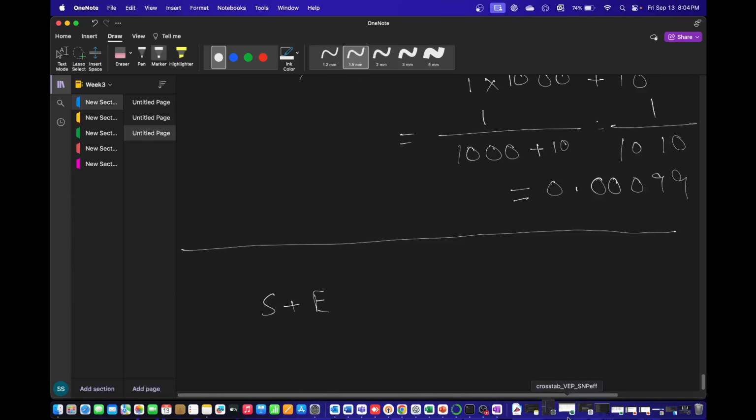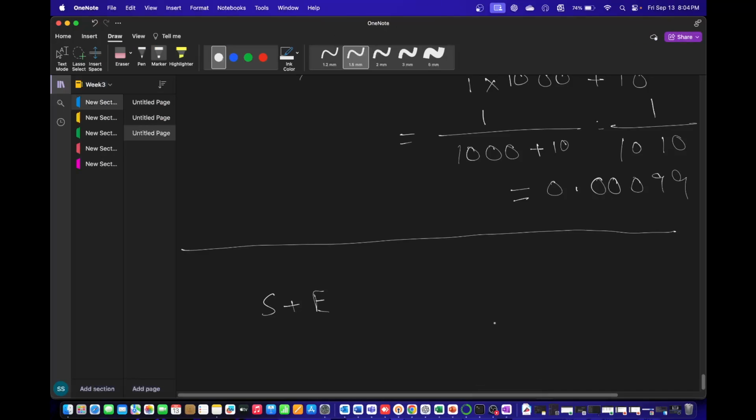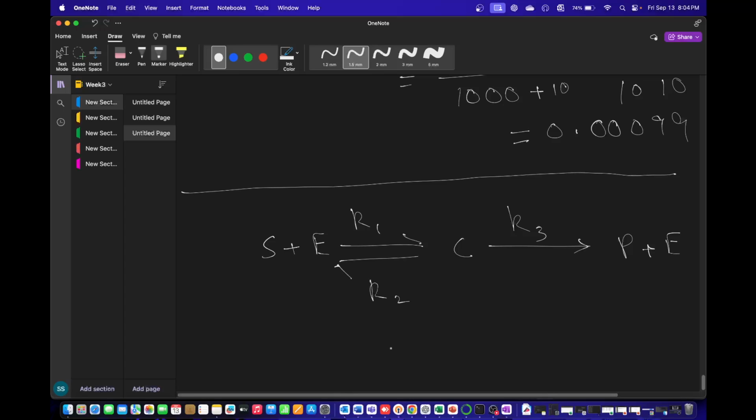So S plus E gives C, and then P and E. This is k1, k2, C, and this is getting degraded with k3, to P and E. Okay, so this is your equation.